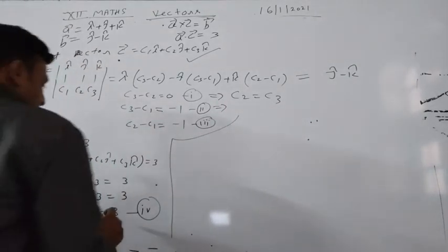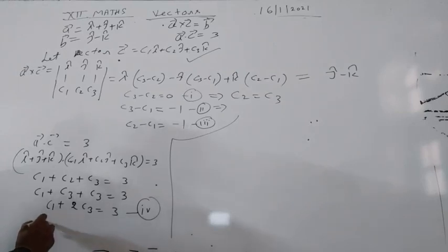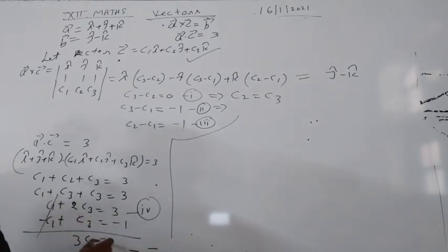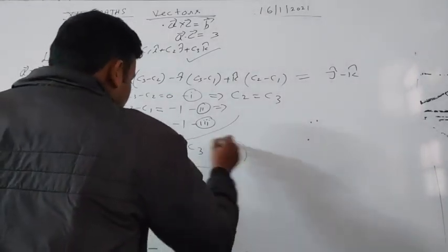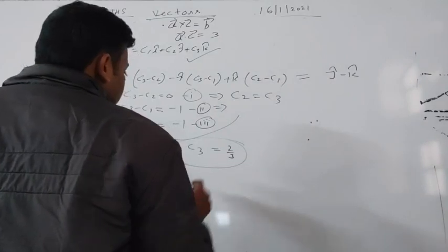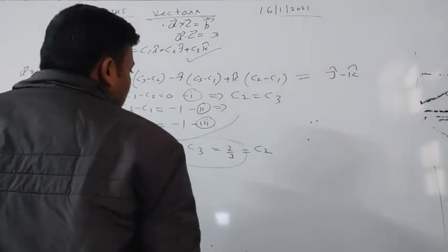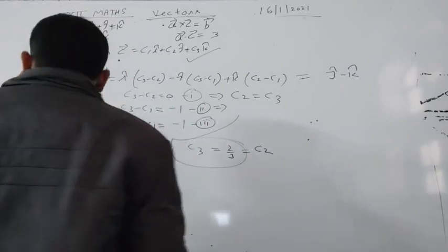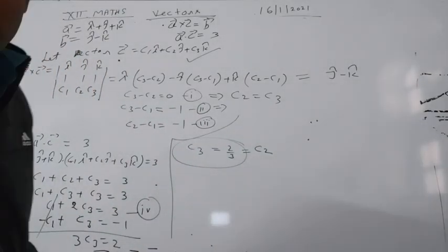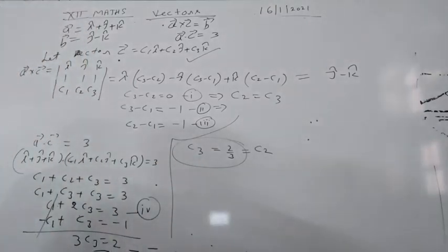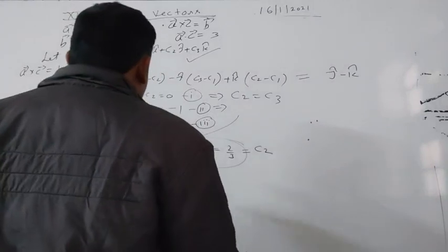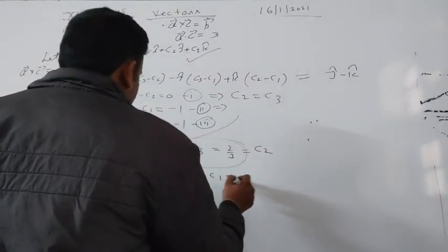Okay, so we are putting here minus C1 plus C3 is equal to minus 1. Adding this, we get 3C3 is 2. C3 is 2 by 3. Okay, and C2 is also 2 by 3, student. Now we put this value and get our C1. Okay. So C3 minus C1 is minus 1.